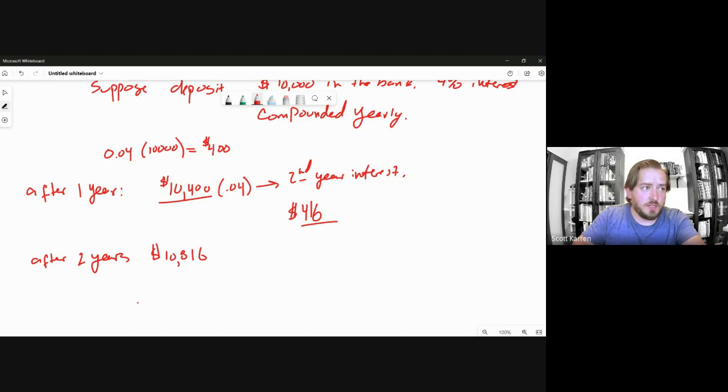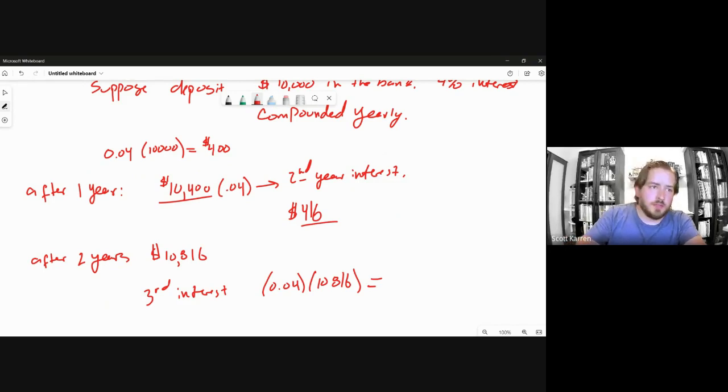And then after the third year, my third year interest is always 4% of what you have. So it's 10,816 multiplied by 0.04. So I take that. That ends up being $432.64. And we add that back in, of course, to the original 10,816.